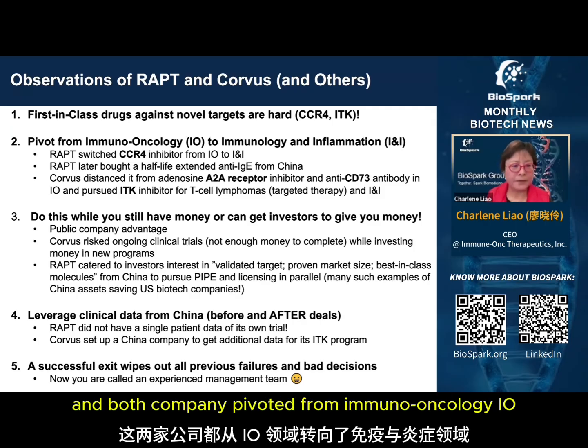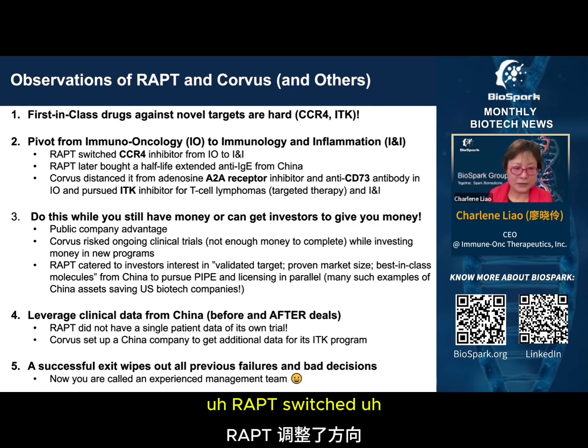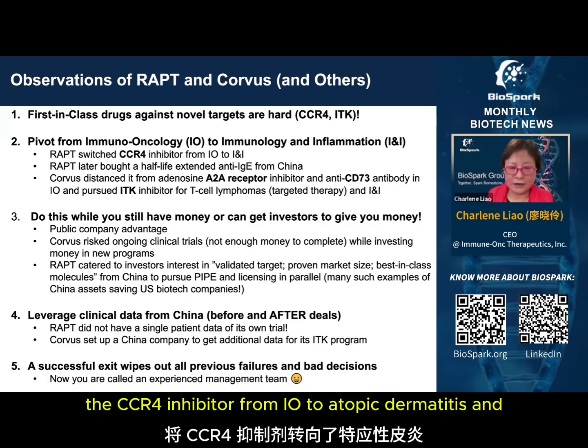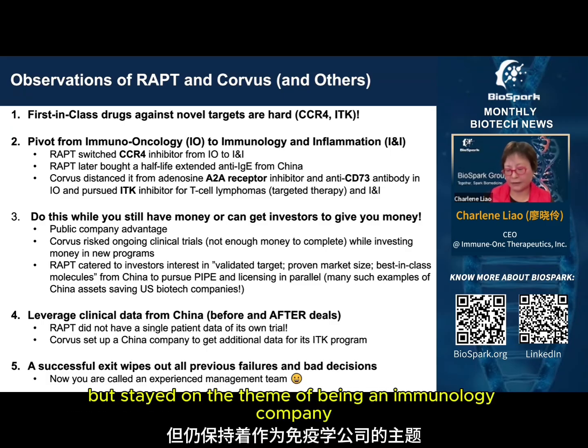Both companies pivoted from immuno-oncology, IO, to immunology and inflammation, I&I. RAPT switched the CCR4 inhibitor from IO to atopic dermatitis and failed there, and then bought a half-life extended anti-IgE from China, but stayed on the theme of being an immunology company.